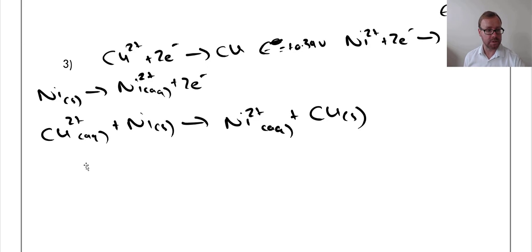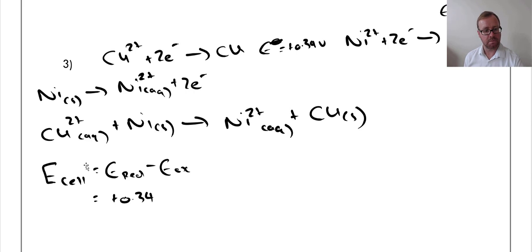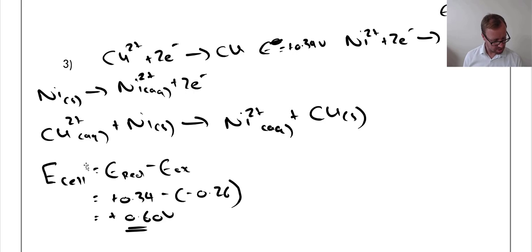My electrons cancel out, so I don't have to do anything with balancing. Again, E cell equals E reduction minus E oxidation, which would be 0.34 minus minus 0.26, which gives me a value of plus 0.6 volts.